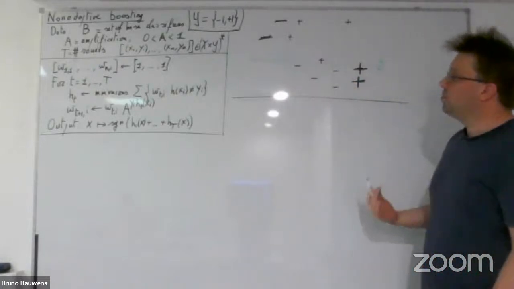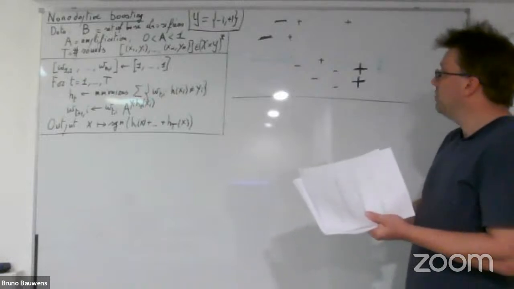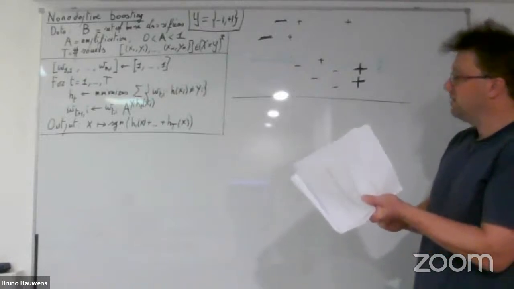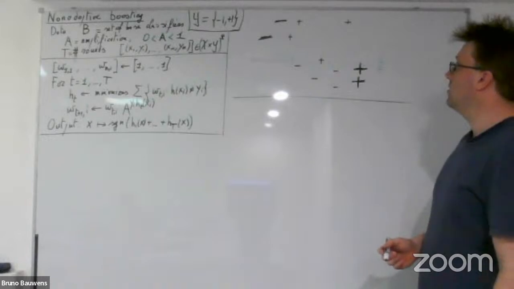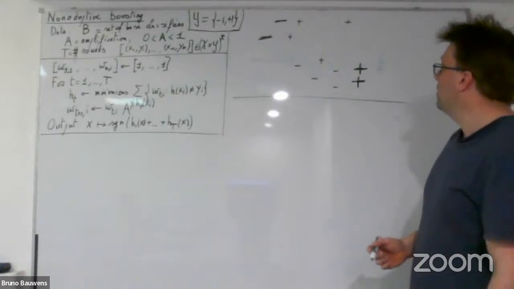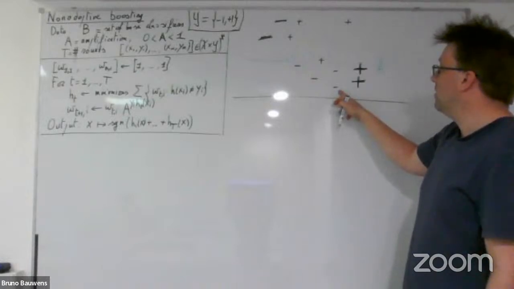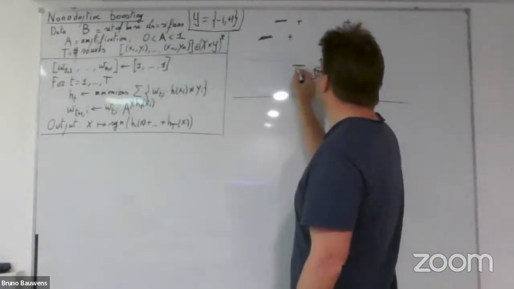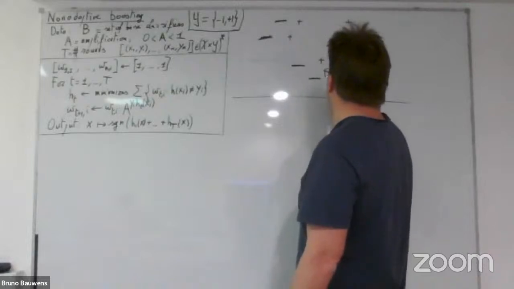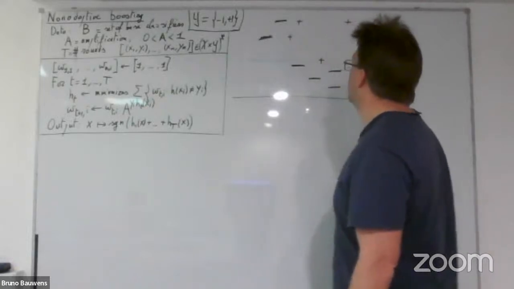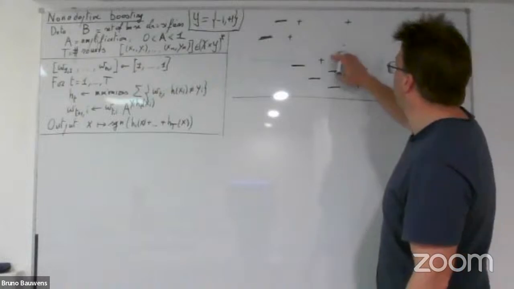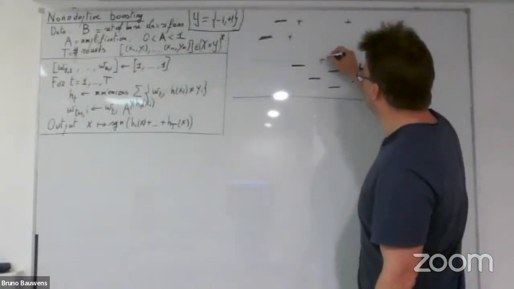Then we repeat the process. We augment the weights of points that are classified incorrectly. The ones that are wrong are now these 4 minuses, so they become larger. And those that are twice correct become very small. Let's redraw them.